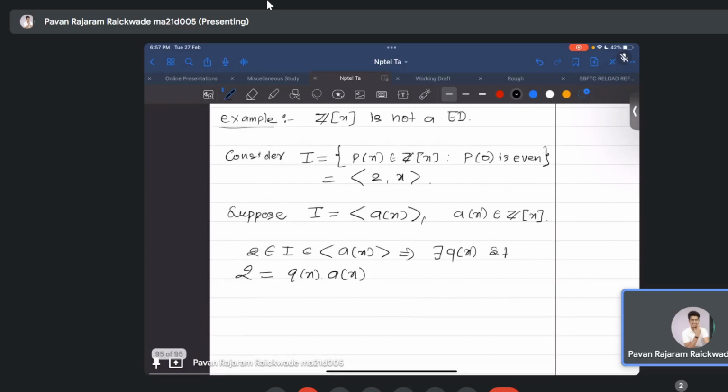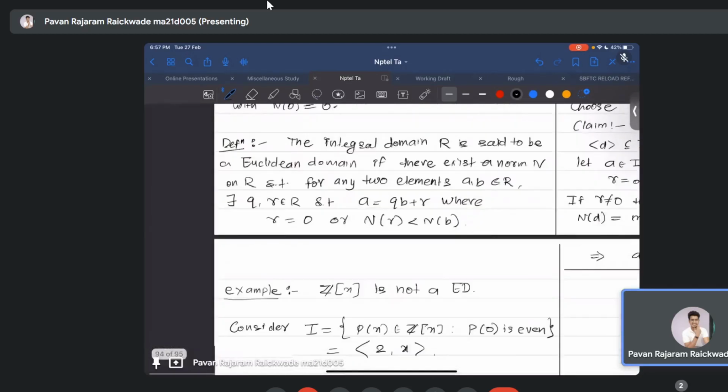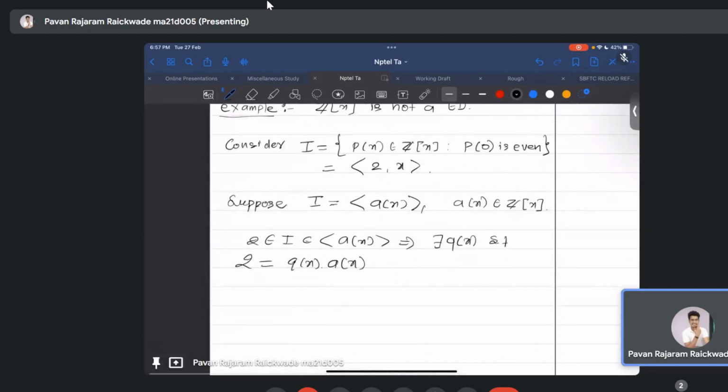So when I define a degree, the degree of q(x) plus the degree of a(x) should be the same as the degree of 2, which is 0.